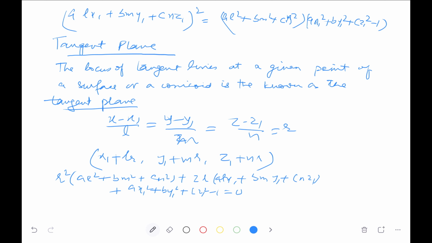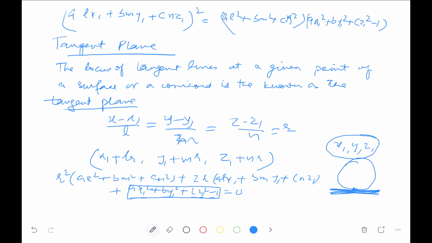Now the tangent plane we have to find is at the point x1, y1, z1, which is common to the plane and the conicoid, so it must satisfy the equation of the conicoid. So Ax1 square plus By1 square plus Cz1 square is equal to 1, or this constant term is equal to 0.